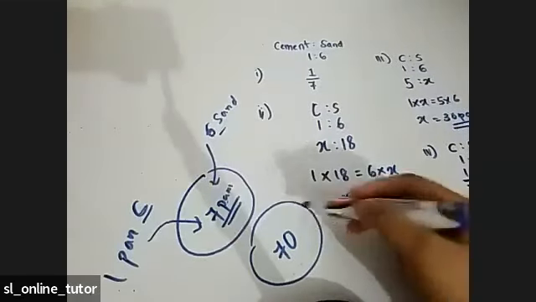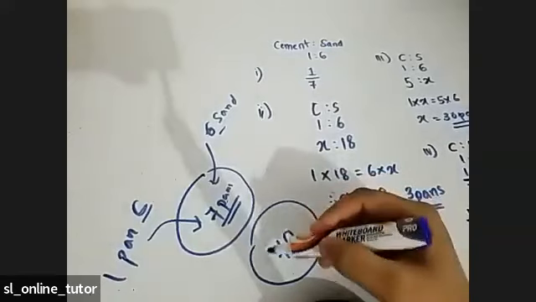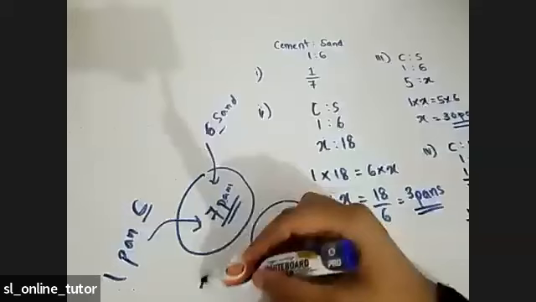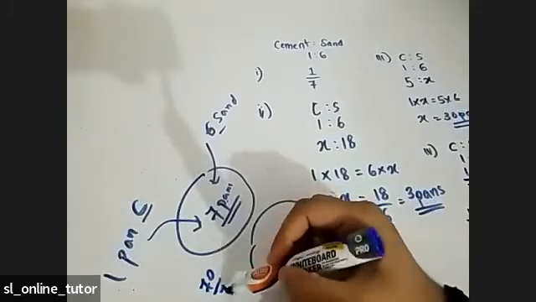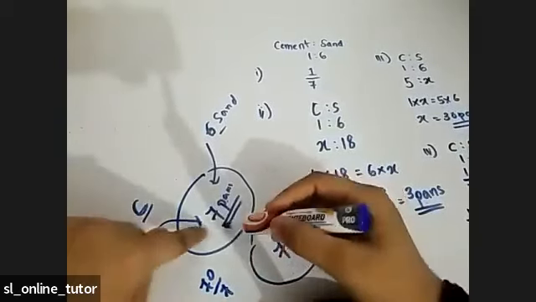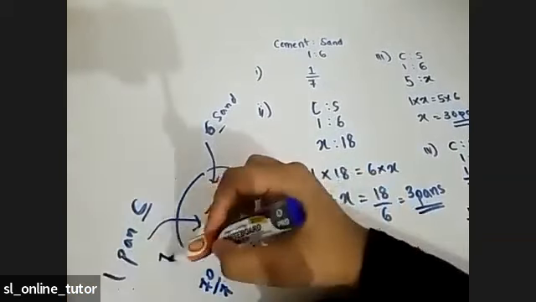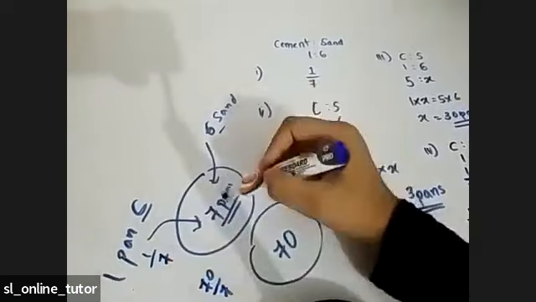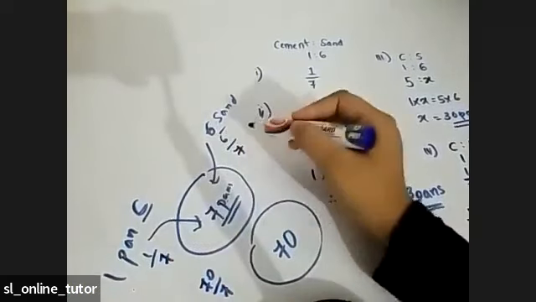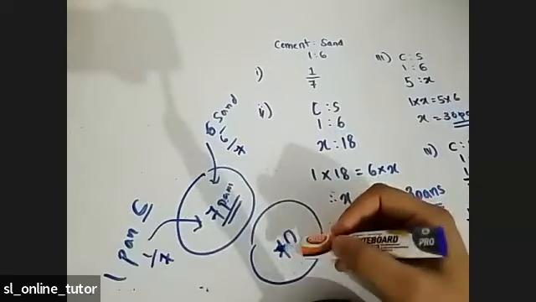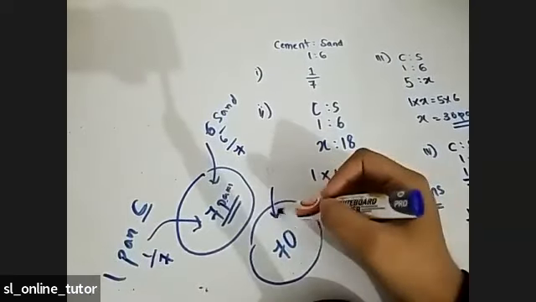Now, my question is, if you want to make a mixture of 70 pans, how many do you need? 70 should be divided by 7 here, because total pans are 7 here. In these 7 pans, 1 pan is cement. In these 7 pans, 6 pans are sand. If you need 70 pans, how many pans of sand can you put?